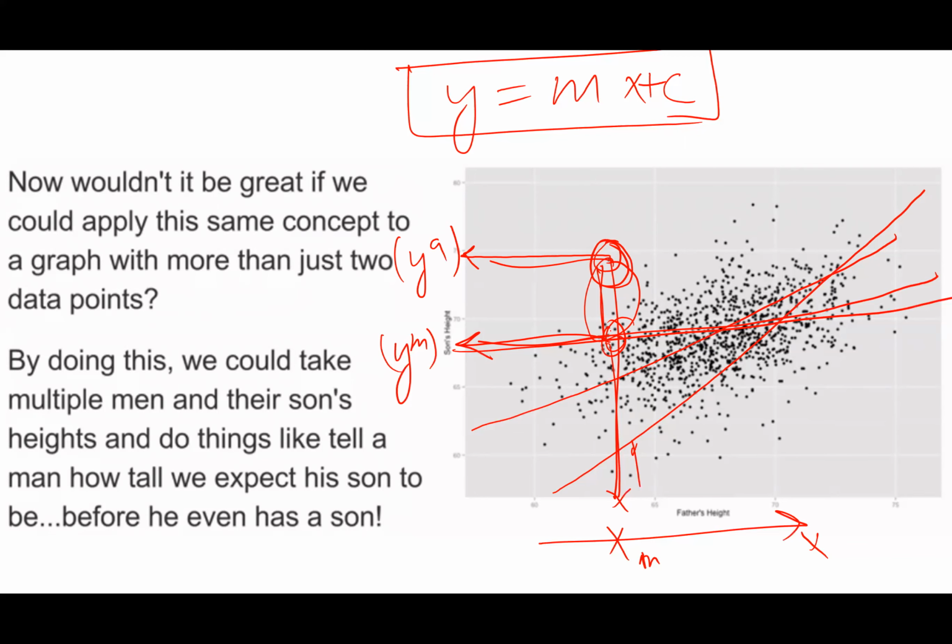So if this is my line which I want to finalize, I'll take each and every point in my distribution and calculate the difference between the value which my model is giving and the actual value. So basically, I'll figure out the differences of the line from all the given points, and I'll try to minimize that difference.